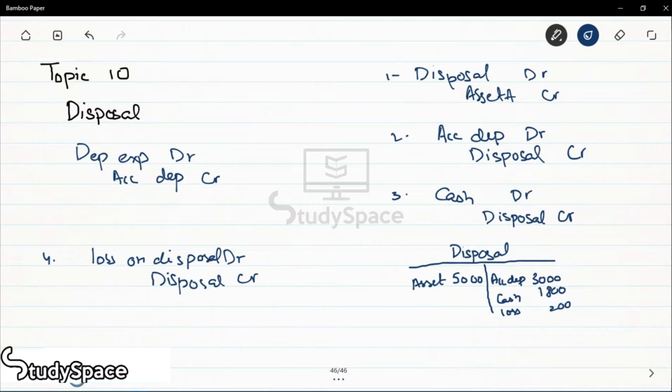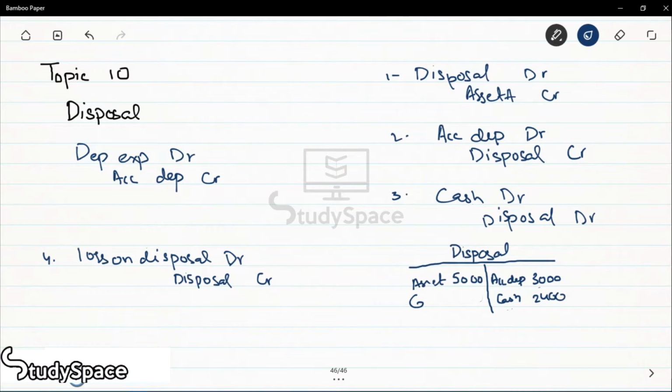So now moving forward, let's look at a scenario when there's a gain. So let's take the same exact example, but let's just change it. Let's just assume that the proceeds from sale, instead of being 1,100, were say 2,400. In the case where the proceeds were 2,400, then we have a gain of 400.